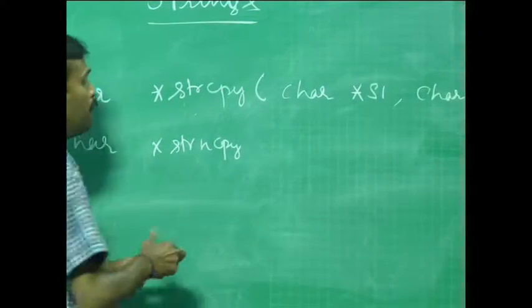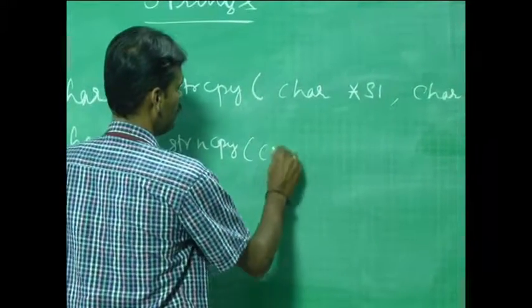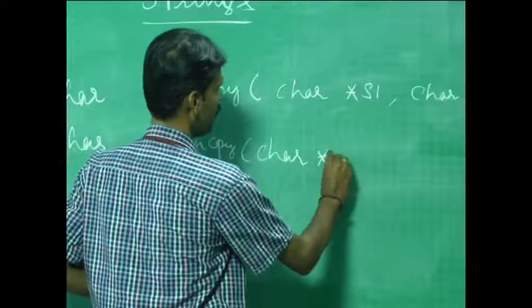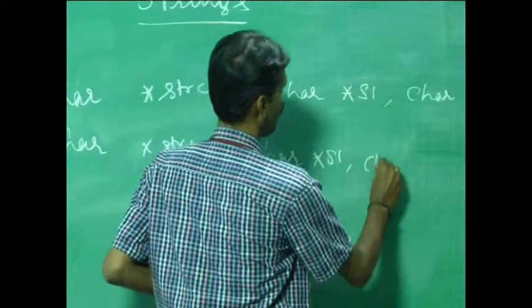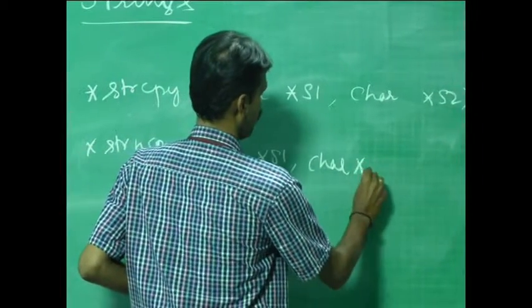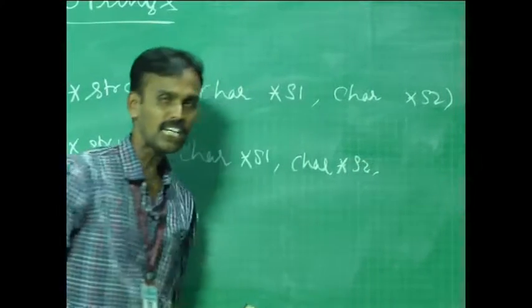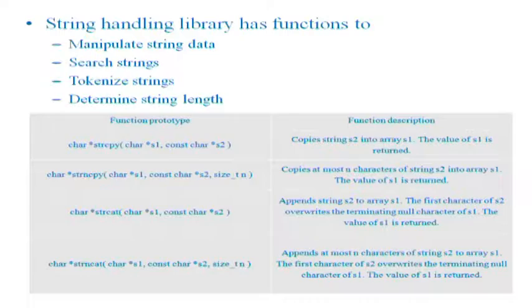So, how many parameters do I have here? The first two parameters are the same, that is, I do have the first string, I do have the second string, and added to that I need to have the size of the characters that I would like to move from the string s2 towards s1.